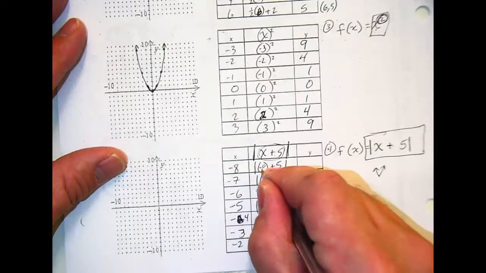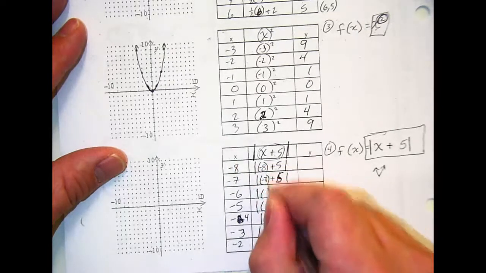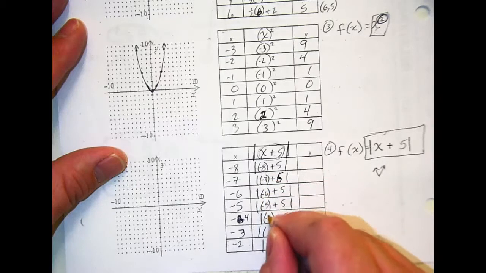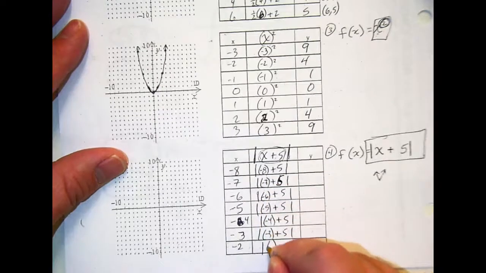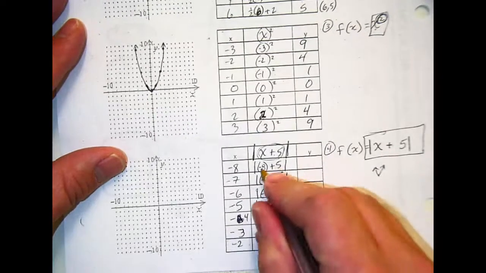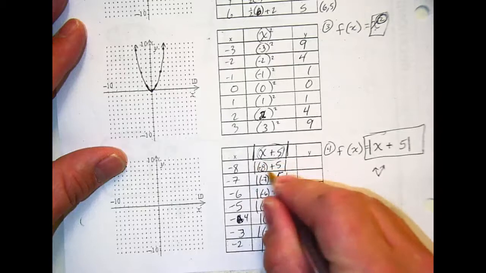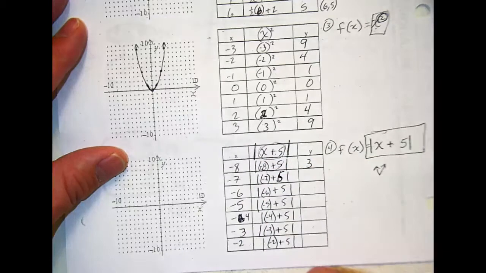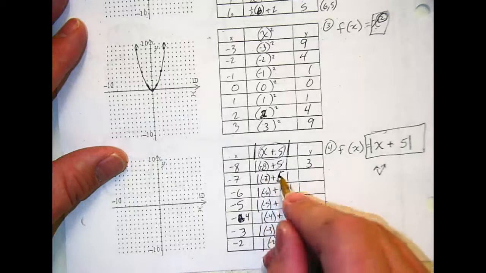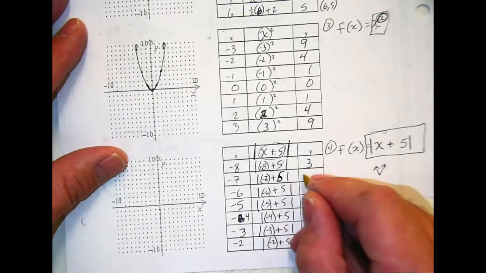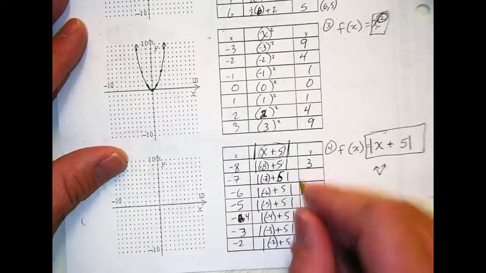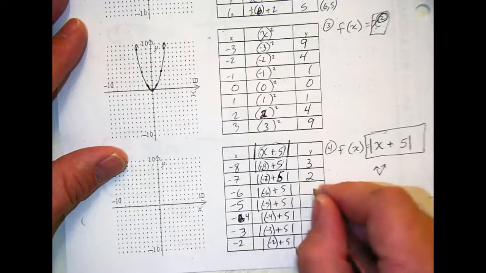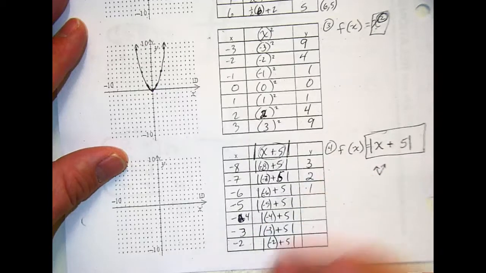We don't change these negatives to positive until after we do math. What I mean by that is -8 plus 5 is -3, and then the absolute value of -3 is 3. -7 plus 5 is -2. The absolute value of -2 is 2. -1, absolute value of -1 is 1. 0.